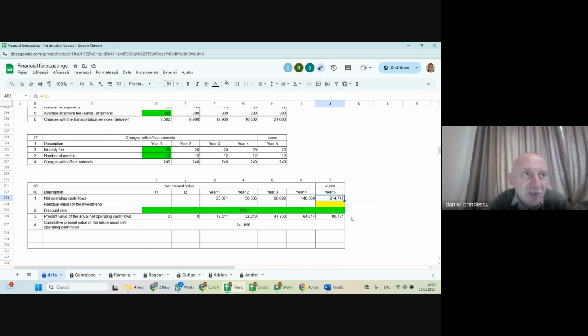If there's no reason to say that that can't be, if that's to be expected, at least in part, we would ask at the end of the fifth year, how much would anyone pay for a machinery, for an infrastructure that would be able to generate in the future 214,000 a year? Well, what return would they be expecting?